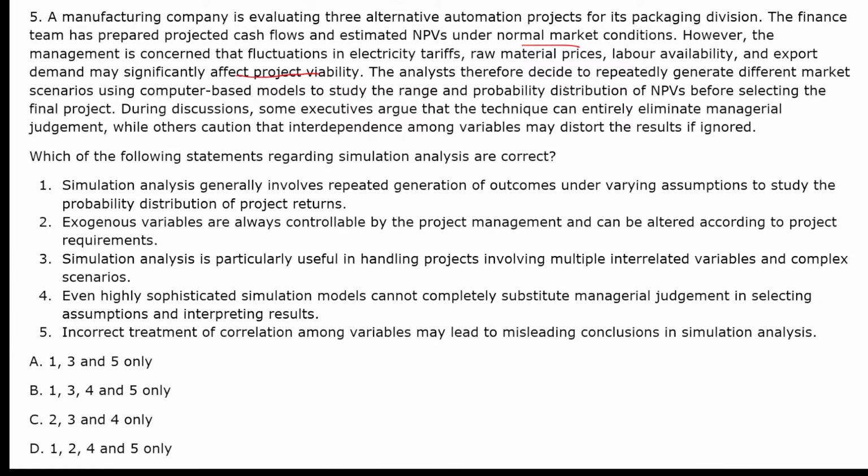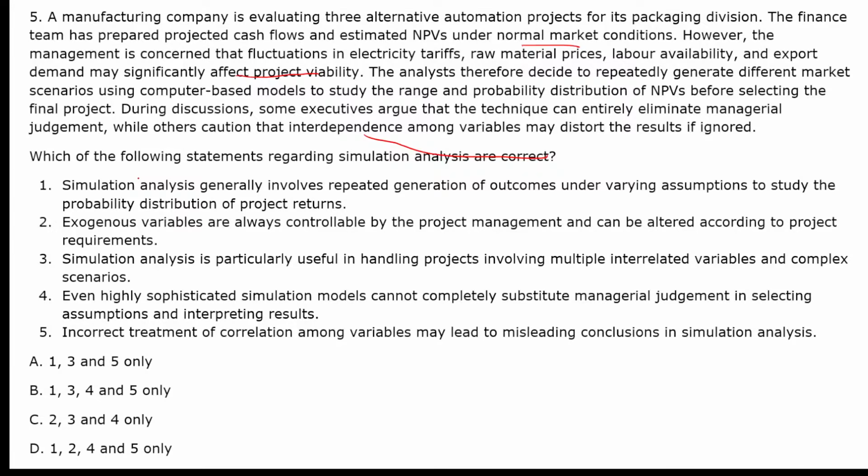The analysts therefore decide to repeatedly generate different market scenarios. So this is scenario analysis basically. During discussion, some executives argue that the technique can entirely eliminate managerial judgment, while others question whether interdependence among variables may distort the result if ignored.